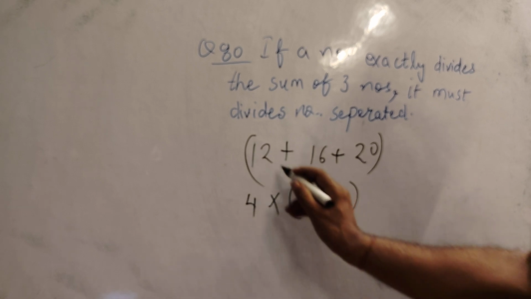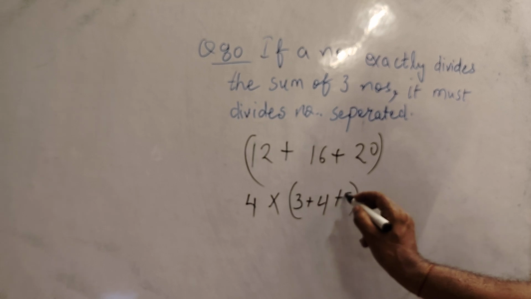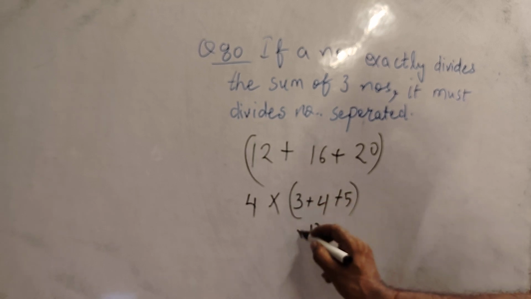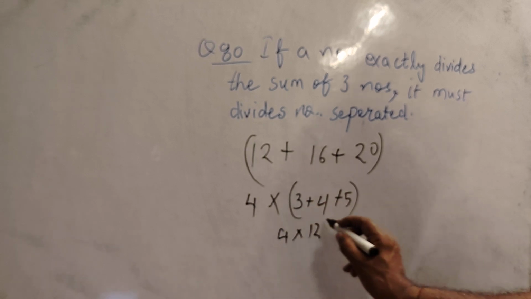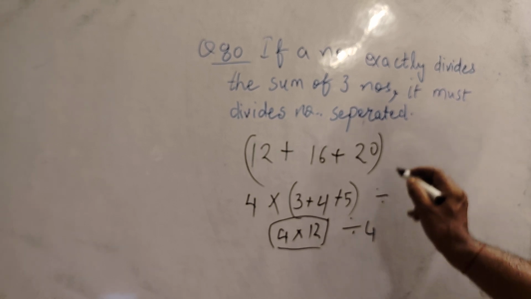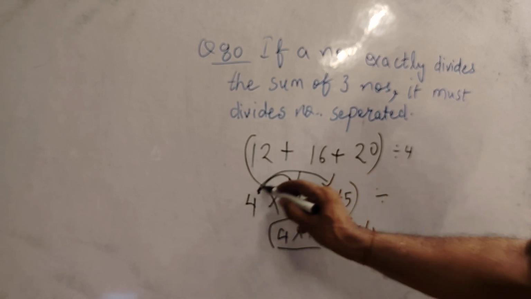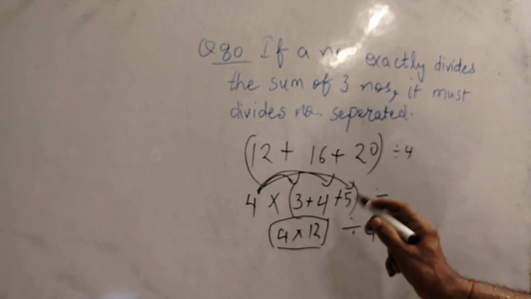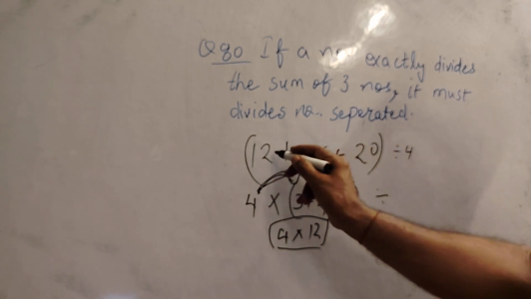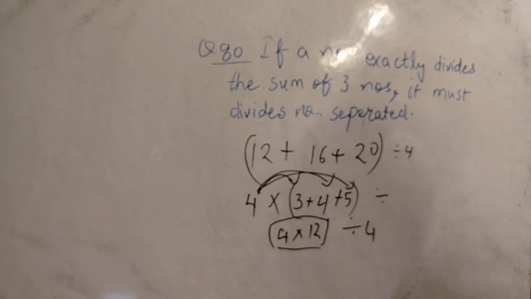After taking it common, what is left is 3, 4 and 5. The question says the sum is divisible by 4, meaning each number is also divisible by 4, because the 4 distributes inside, multiplying each, and gives the three numbers. So the three numbers are separately divisible by 4. This is the opposite of question number 79.